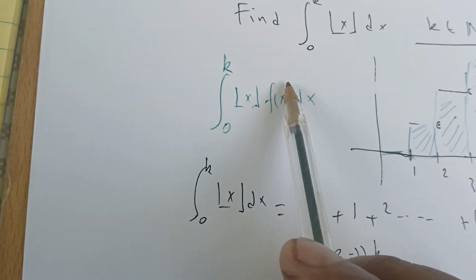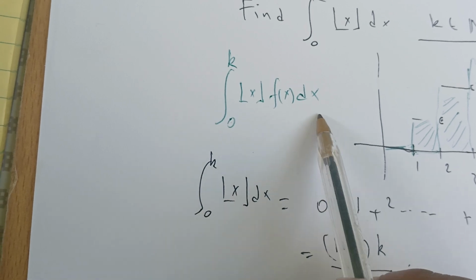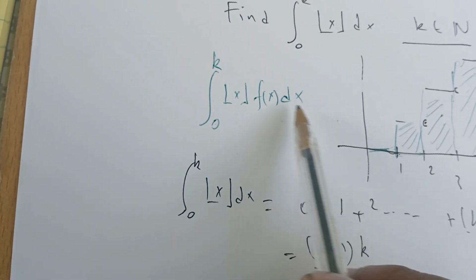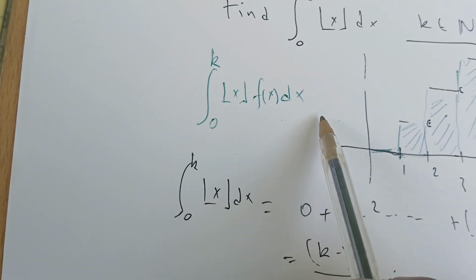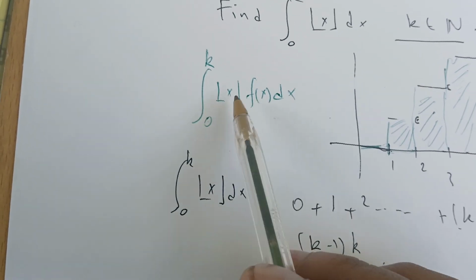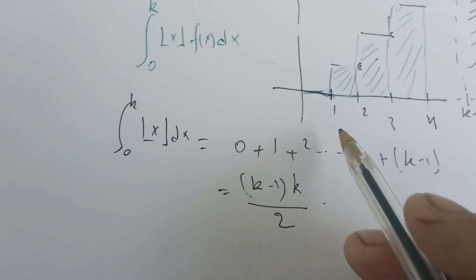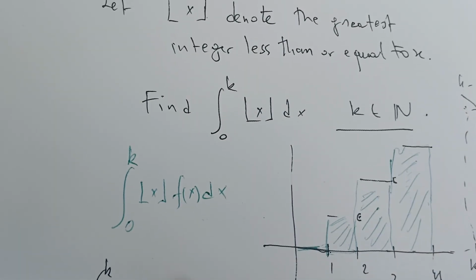We're going to see the value of f on the intervals 0 to 1, 1 to 2, 2 to 3, and so on, because the floor is just a constant on each interval. We'll see what we can do with this one, but for now it's good to understand this one and see how we got it.